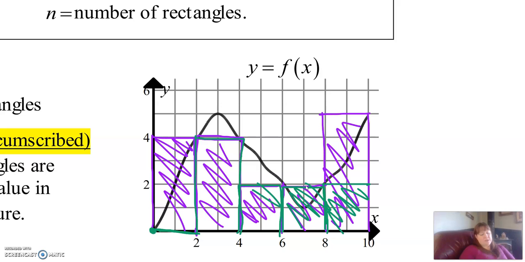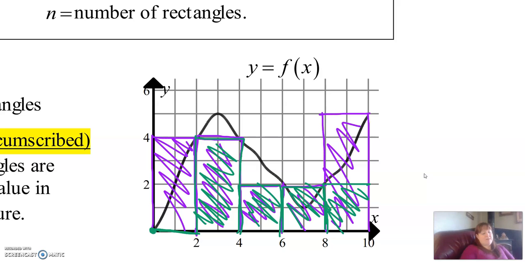So you see the green area is going to be a left-hand Riemann sum, because I said, okay, here's the left side of the rectangle, and the whole rectangle is going to be the height of whatever the function value is on the left side of the rectangle, right? So I go up to the function value and I make that. Okay, so hopefully you can see that. And then this one would be like a gross underestimation, by a long shot. You can see all of the stuff that it's not estimating that it needs to.